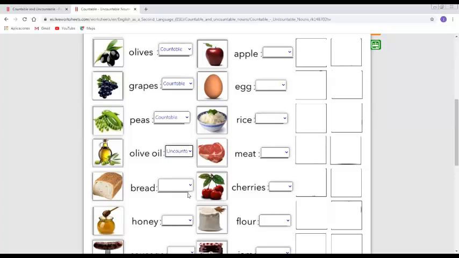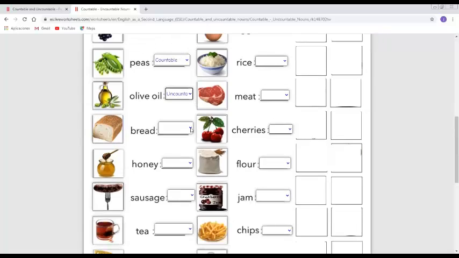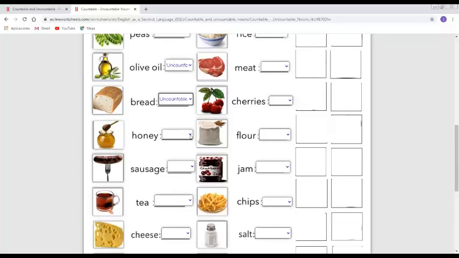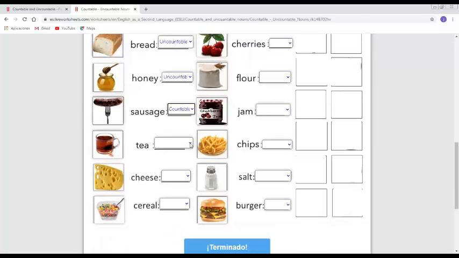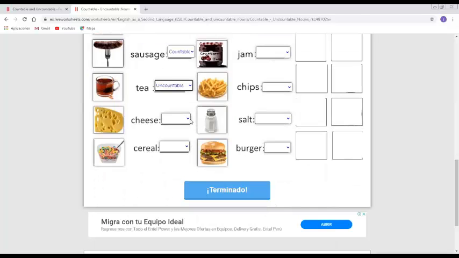Uncountable. Bread. Uncountable. Okay. Honey. Uncountable. Sausage. Countable. Tea. Uncountable. Cheese. Uncountable.